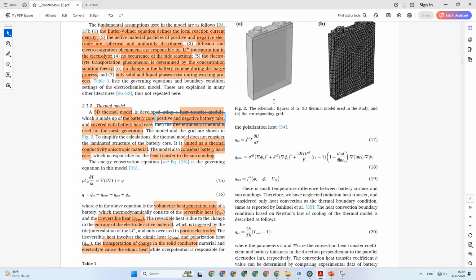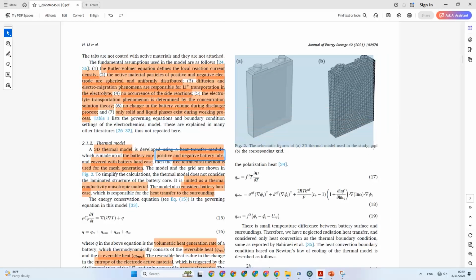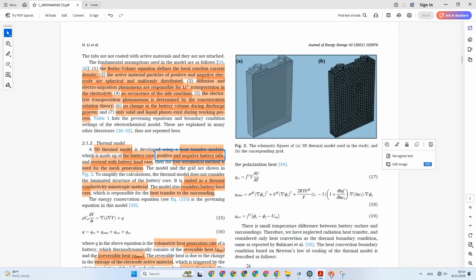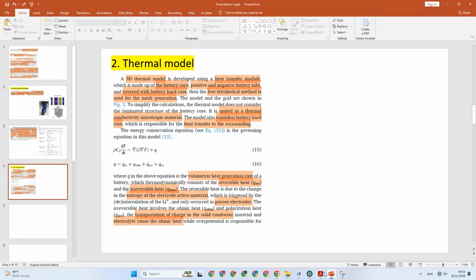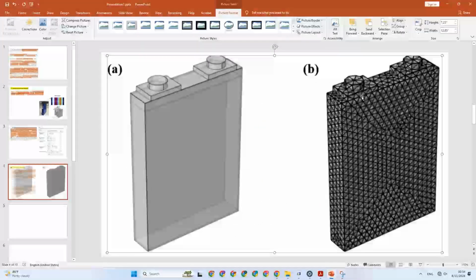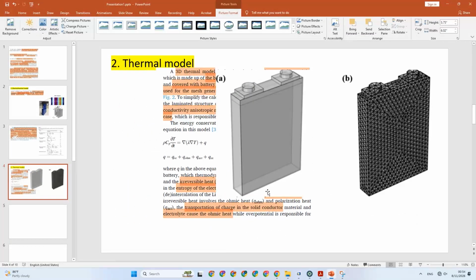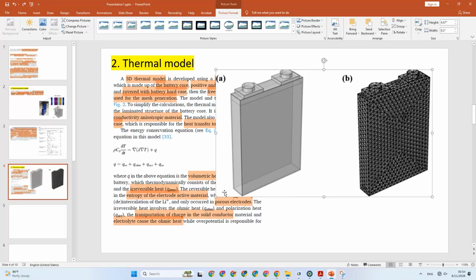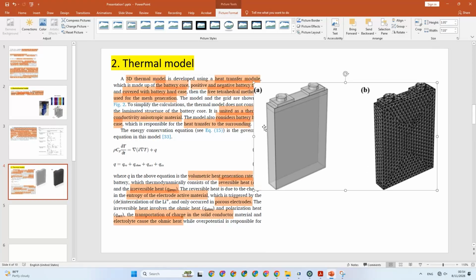This is the schematic figures, and maybe it's better to bring here. Oh, why is this not copied? Control C. Okay, Control V. Nice. I don't know what this conflict is. Okay, nice.